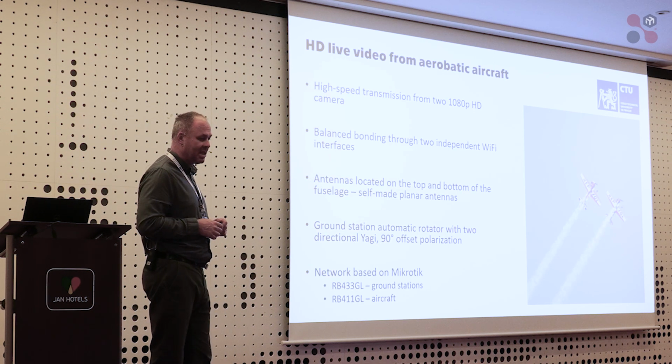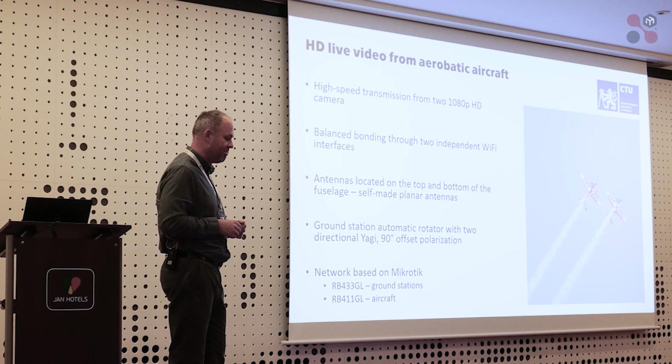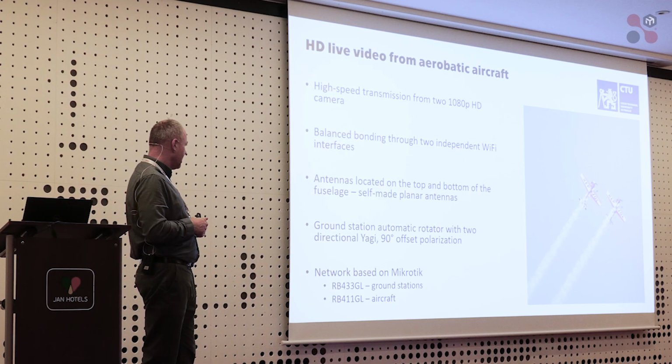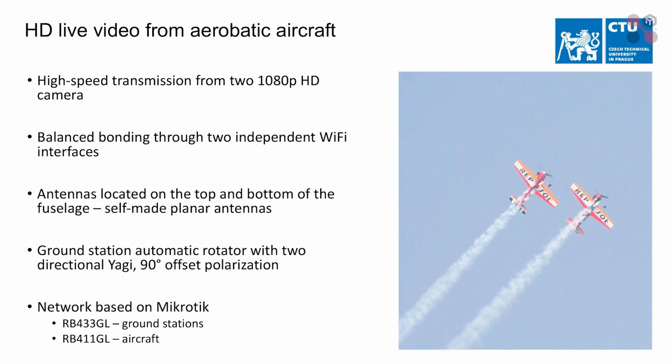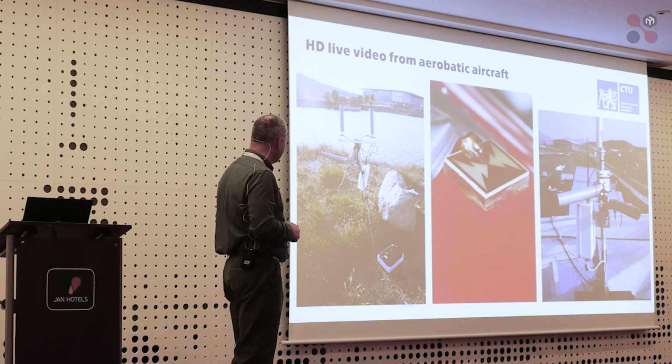But then came Red Bull and completely ruined our ideas and did it for a lot of money, and it was based on Mikrotik too: a 433GL on the ground, if you remember that thing, and an RB411 in the aircraft. And there are some pictures.